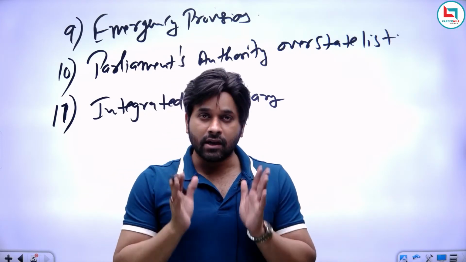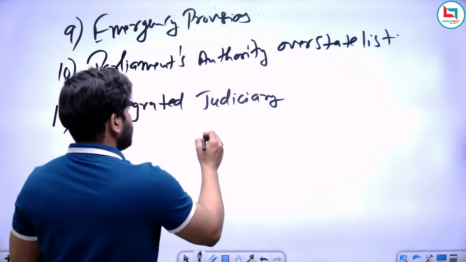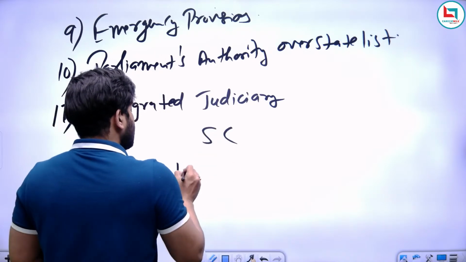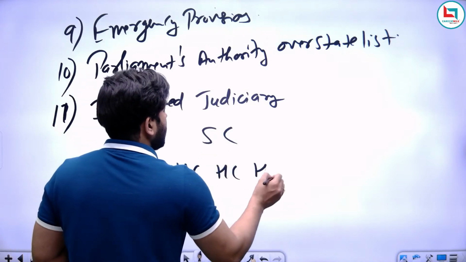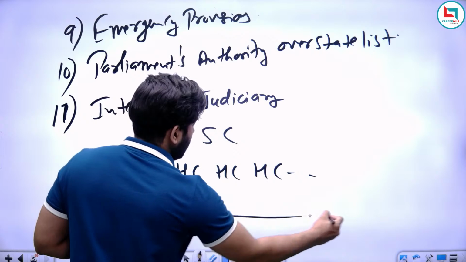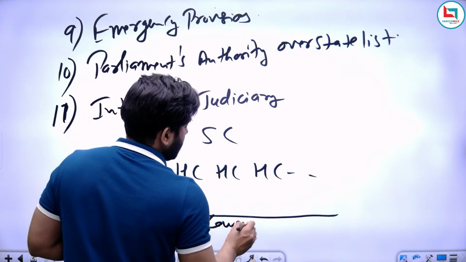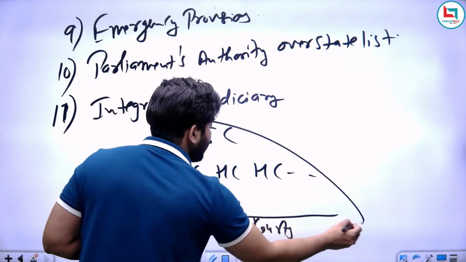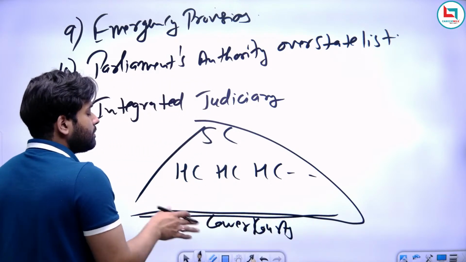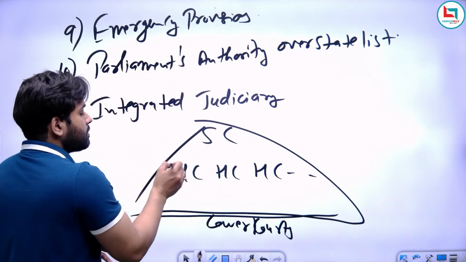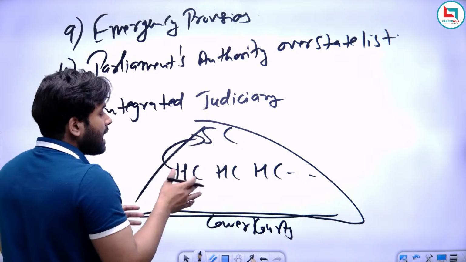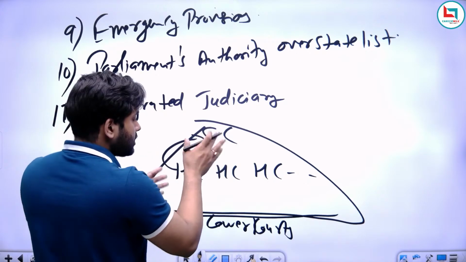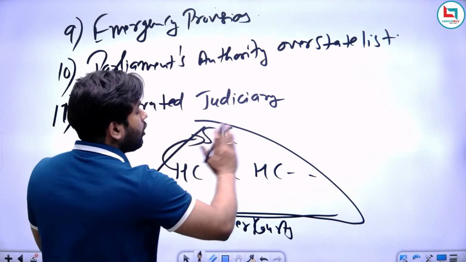We have a single unified judiciary, where the Supreme Court is at the top, below it you will find the High Court, and below this you will find the lower court. And all these courts are unified. Why am I saying unified? The judgment of a lower court can be challenged in High Court, whereas the judgment of a High Court can be challenged in Supreme Court. And one more thing, the direction of the Supreme Court is binding on all the courts.